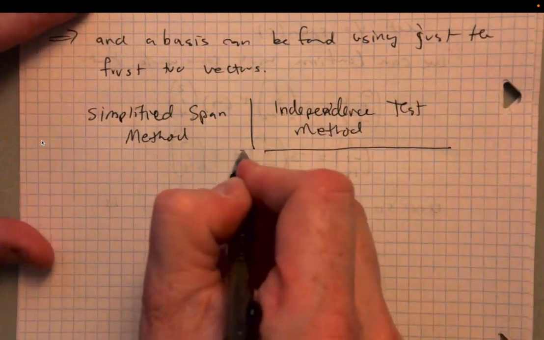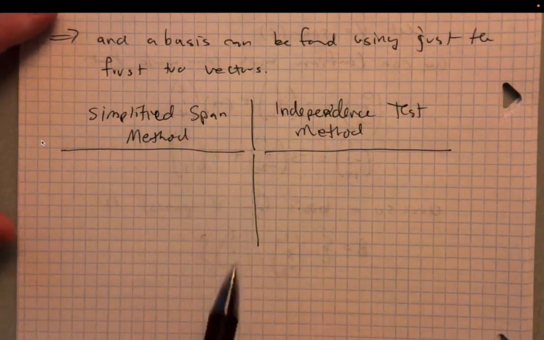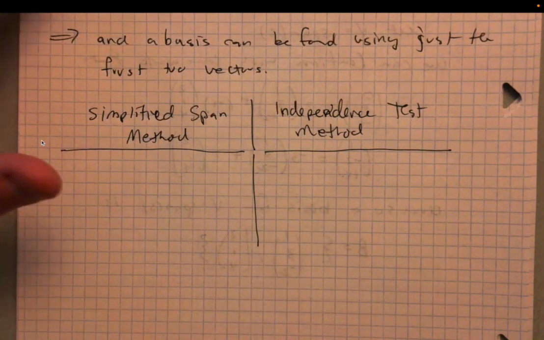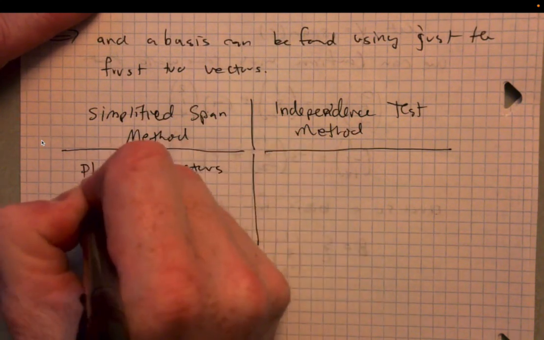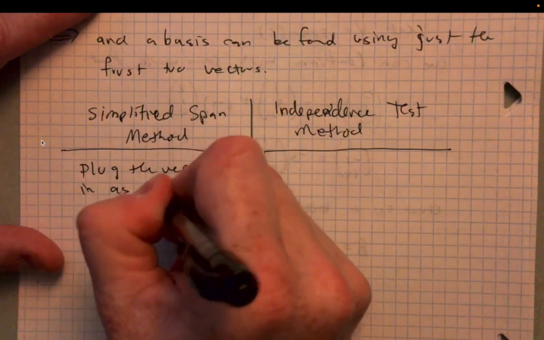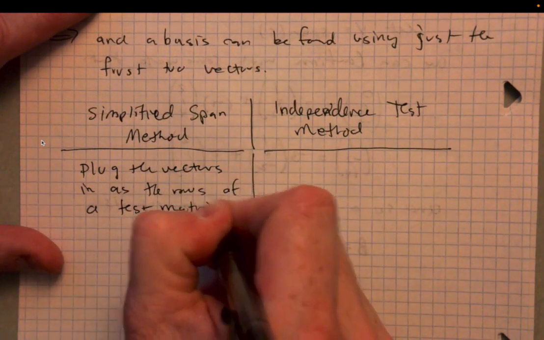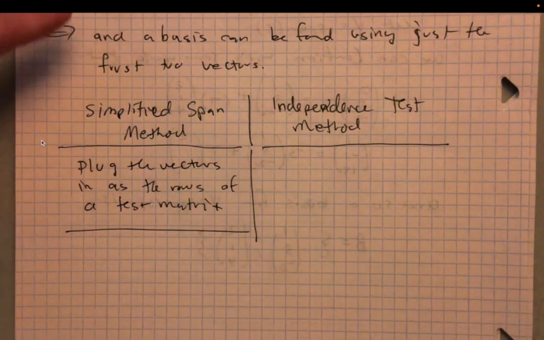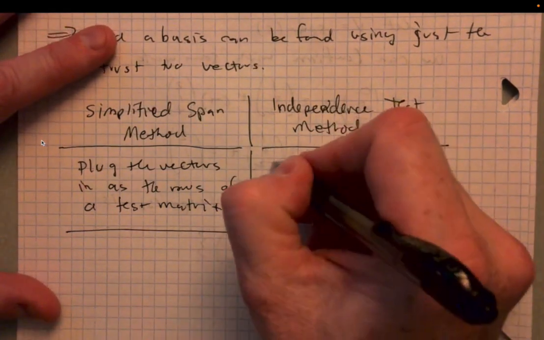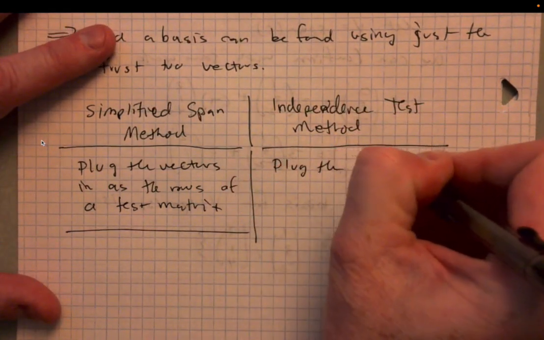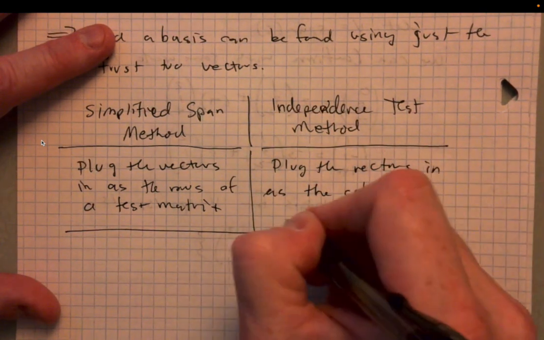Okay, so we had these two. For the simplified span method, what are we doing? We plug the vectors in as the rows of a test matrix. Over here we're doing something similar, but instead of the rows, we're interested in the columns. So plug the vectors in as the columns of a test matrix.